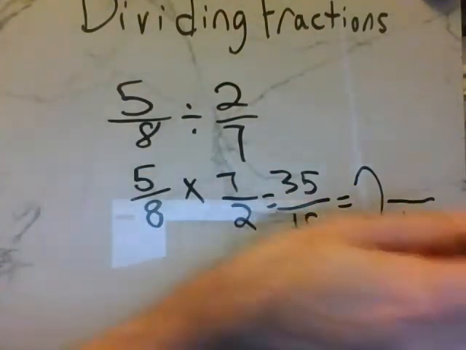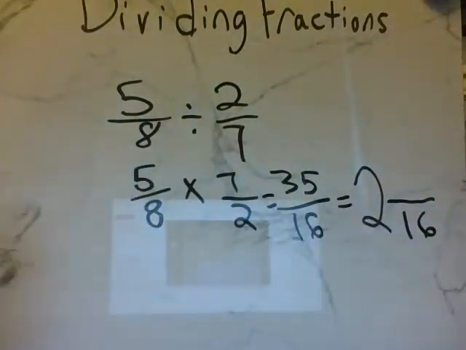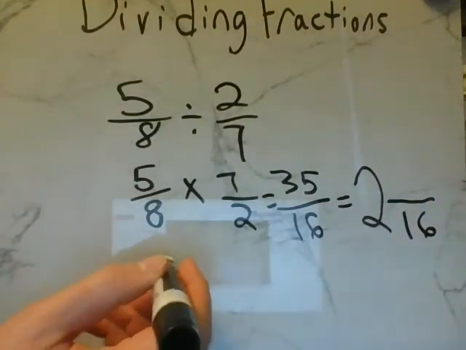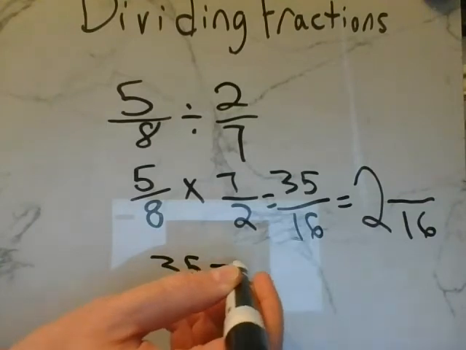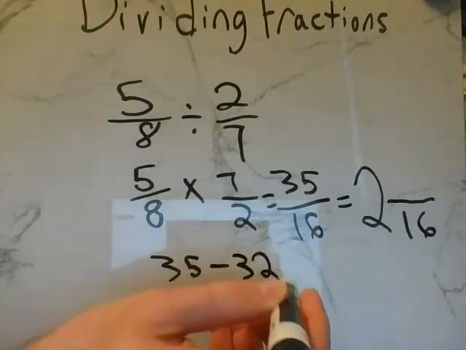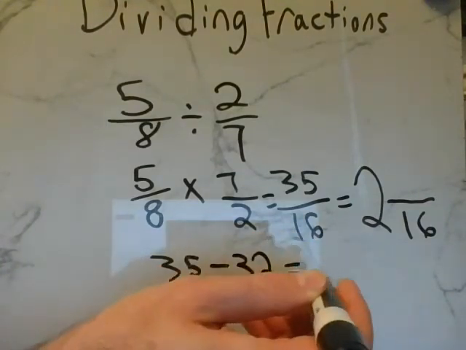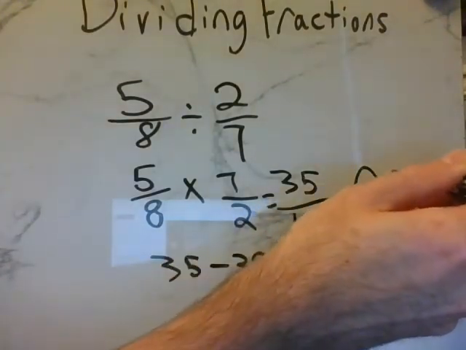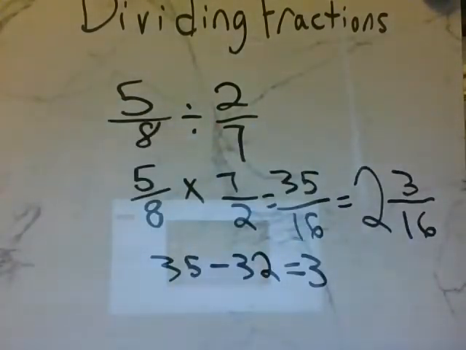Now the denominator doesn't change. But what I do is I take that 35 and I subtract 32. Again, 16 times 2 is 32. That leaves me with 3. Now if I could simplify the fraction, I would, but I can't. So your final answer here is 2 3/16.